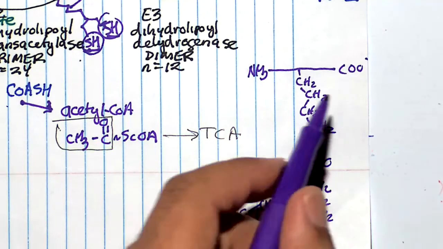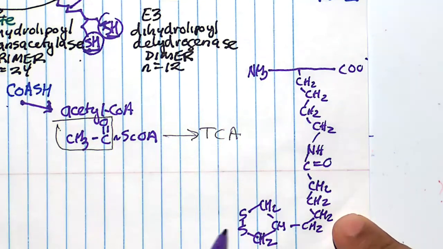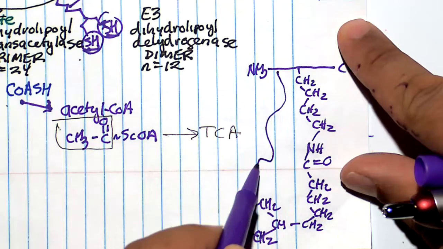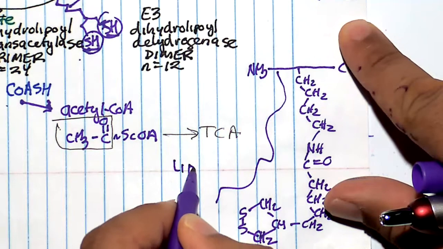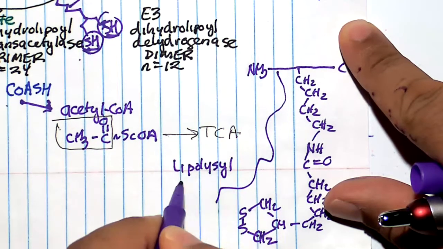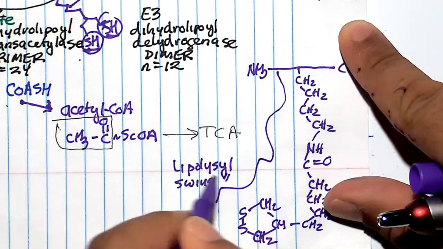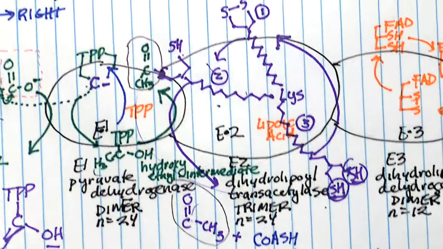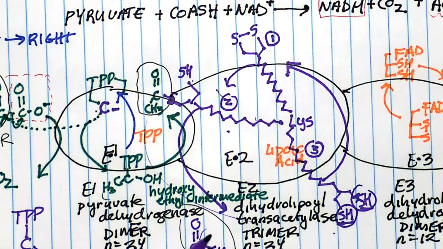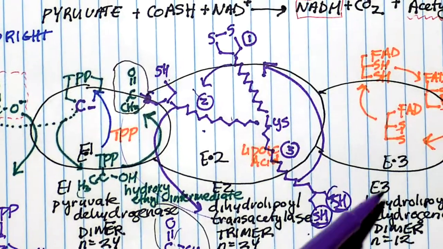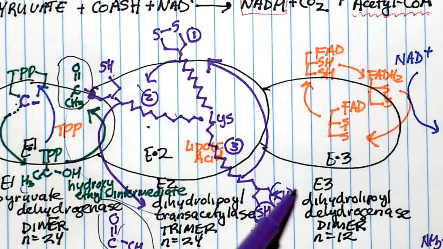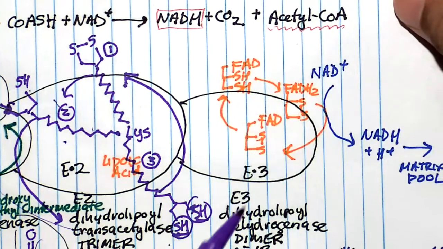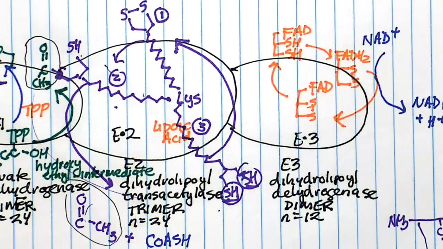Okay, so you can imagine, based upon the oxidation and reduction of these sulfhydryl groups, this lipoic acid swing or lipoyllysyl swing or lipoyllysyl tether will carry acetyl groups to coenzyme A and then regenerate the oxidized form by delivering those electrons to FAD, and FAD delivering those electrons to NADH, all of that mediated by E3.